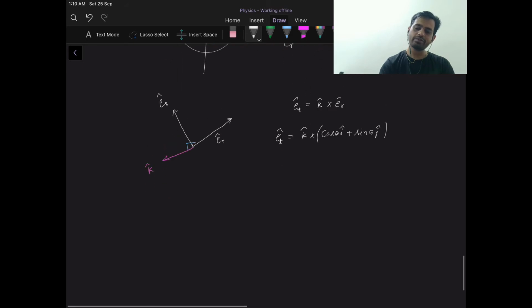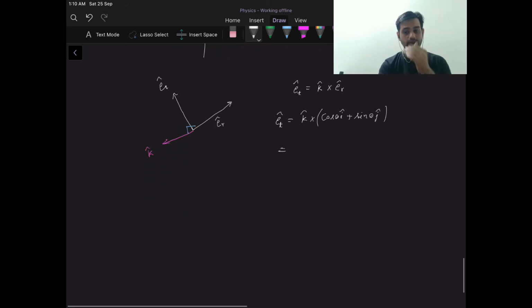So what will be the value of this? k cross i, we know, is equal to j. So this is equal to cos theta into j cap. What is k cross j? k cross j is equal to minus i cap. So this is equal to minus sin theta i cap.